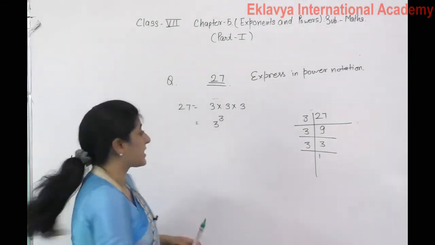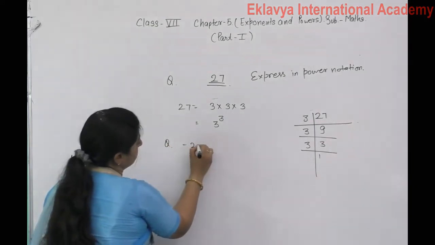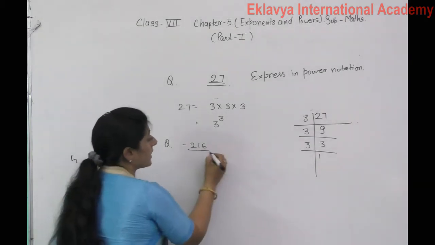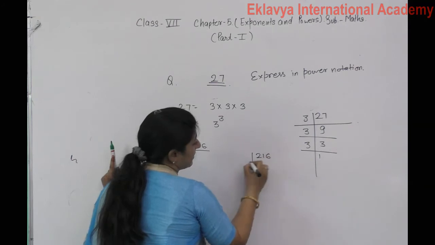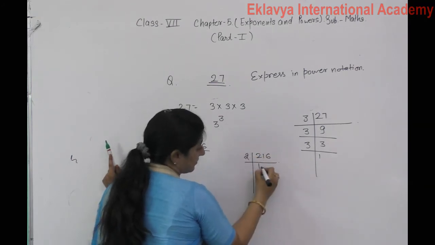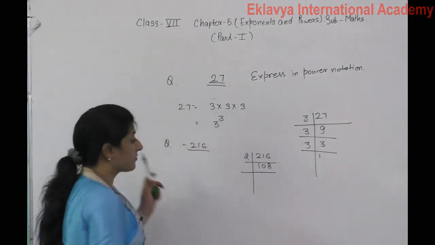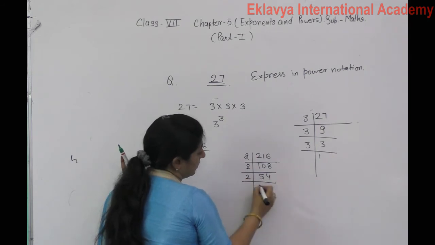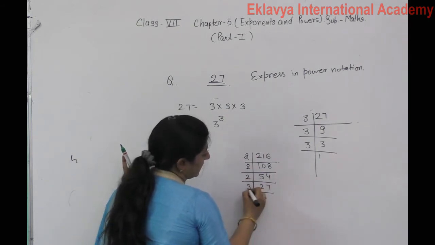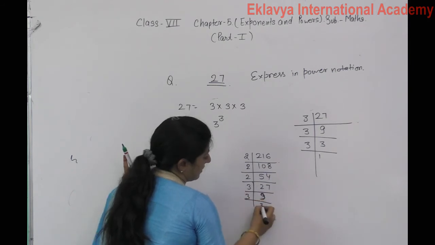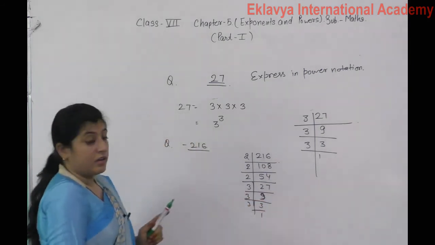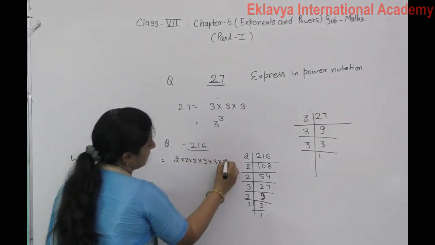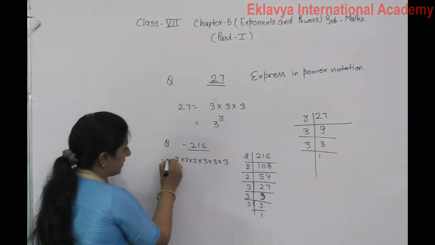Minus 216. Next question. How to solve it? Firstly, take the prime factorization of 216. 2, 27, then 3, 3, like this. 2 into 2 into 2 into 3 into 3 into 3, with minus here.